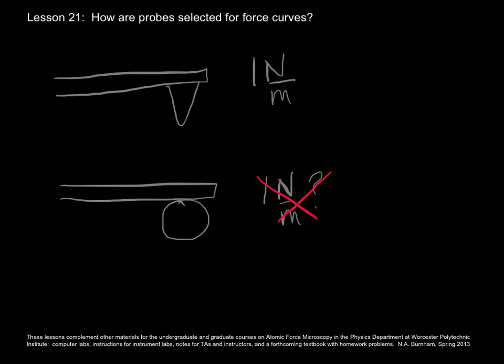Why is that? Well, the interaction stiffness, as we'll see later in the course, is proportional to the square root of the tip radius. So by having a big tip, you will be making stiffer contacts with the surface, and this probably means you're going to have to go up in cantilever stiffness, proportional to the square root of your change in tip radius.